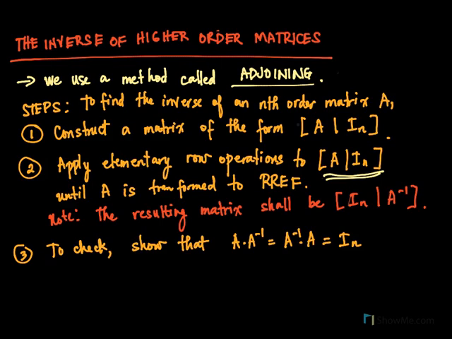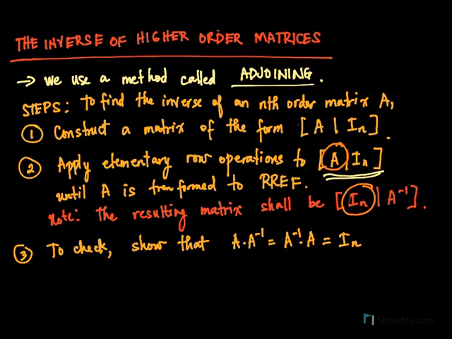So kapag naka-RREF na si A, then the resulting matrix should be of the form [I_n | A inverse] already. So you see, ang goal natin is actually to transform, by performing row operations, yung A natin becomes an identity matrix kasi yun ang ating goal.